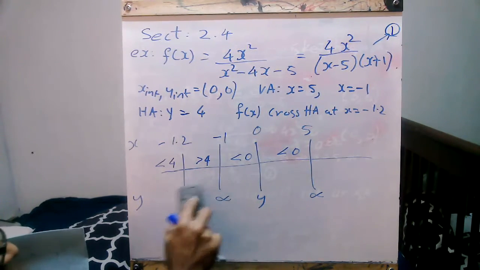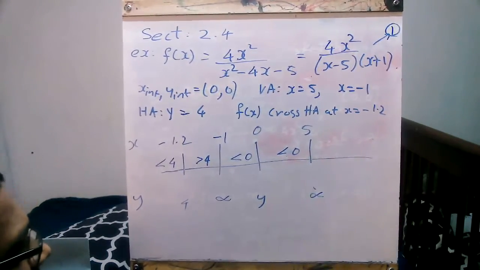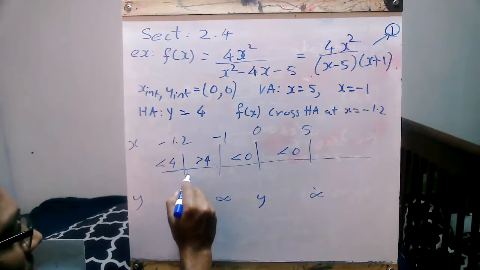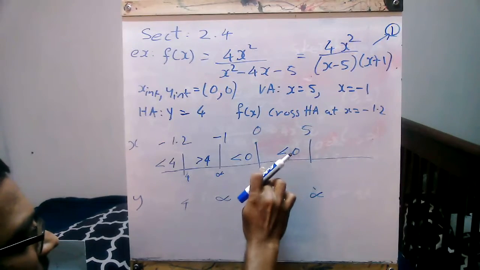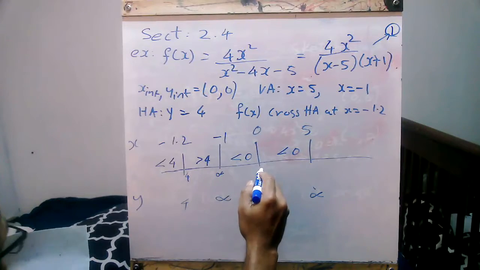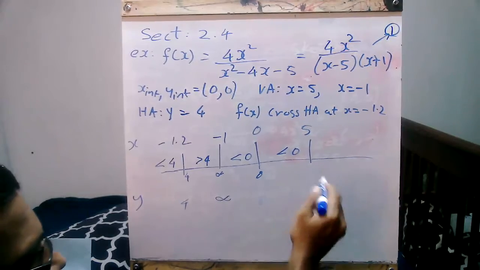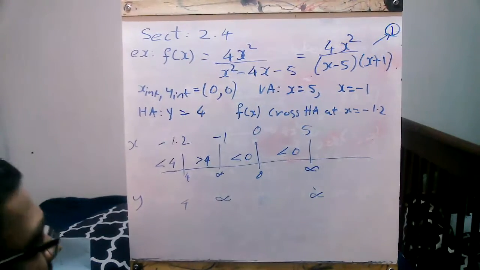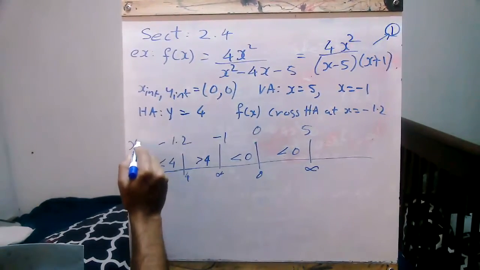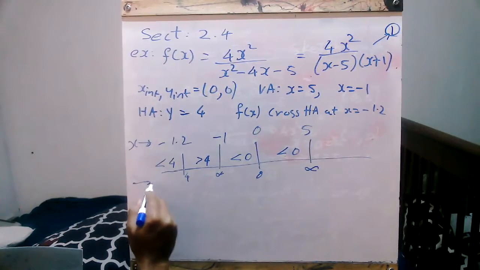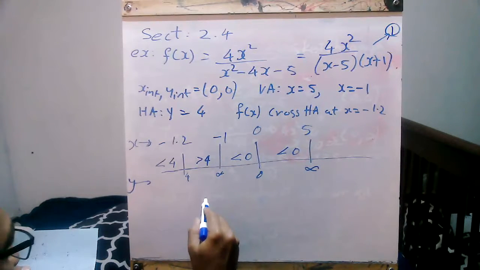I need some space, so I'm going to write these y values up here for infinity. When x is 0, y is 0. This is wrong, this is infinity again. These are x values, these are y values. Now here I'm going to do the graph.